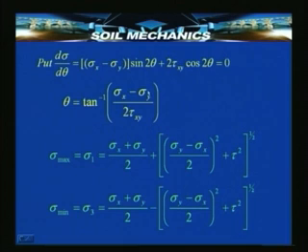When sin 2 theta and cos 2 theta are both positive, this equation is satisfied, and the corresponding sigma value we get from this expression will be equal to sigma 1. On the other hand, when sin 2 theta and cos 2 theta are both negative and this expression is satisfied, then this becomes 0, and the corresponding sigma becomes the minimum value sigma 3, which is given by this expression.